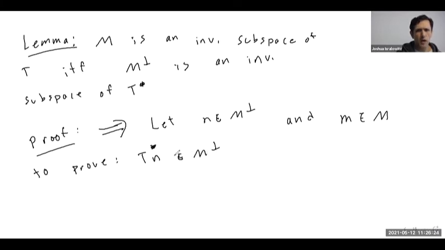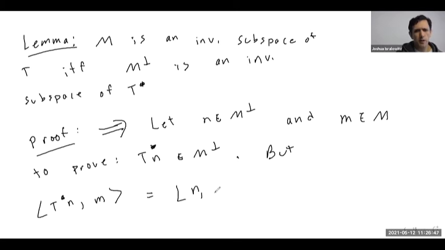That's my goal; I need to prove that T star applied to M perp is a subset of M perp. Well, we need to check that T star n applied to m is 0.